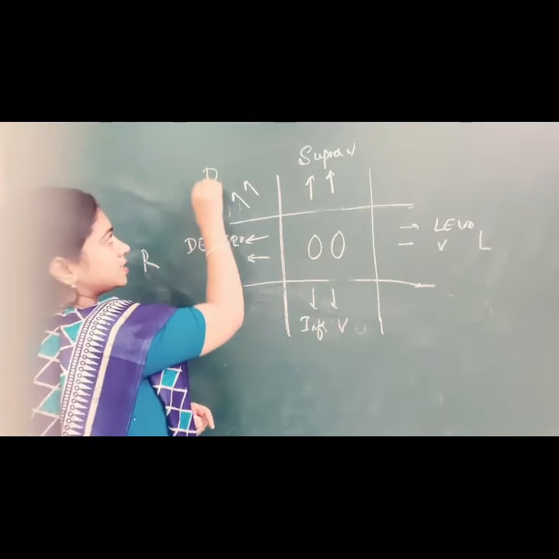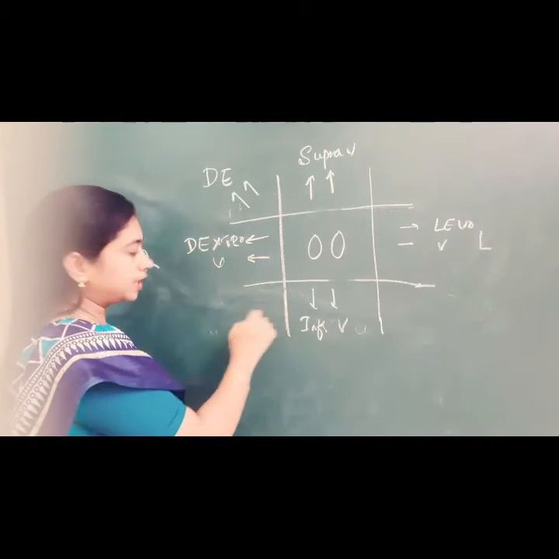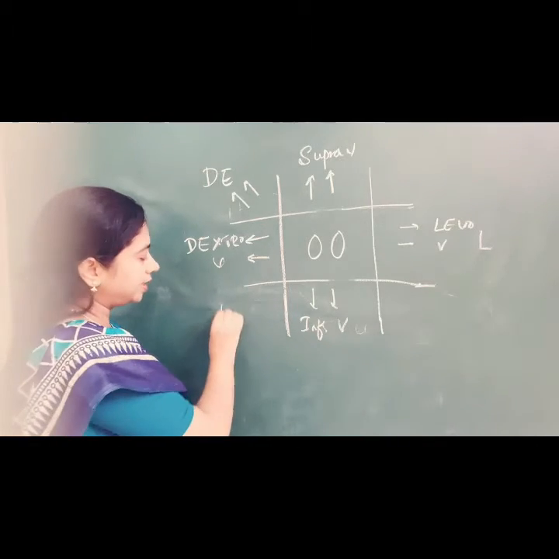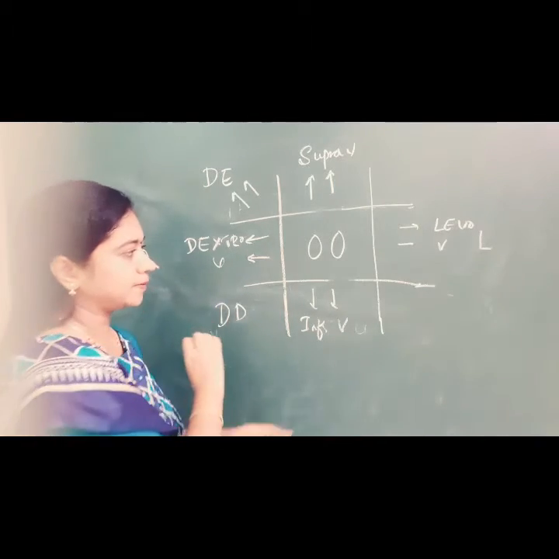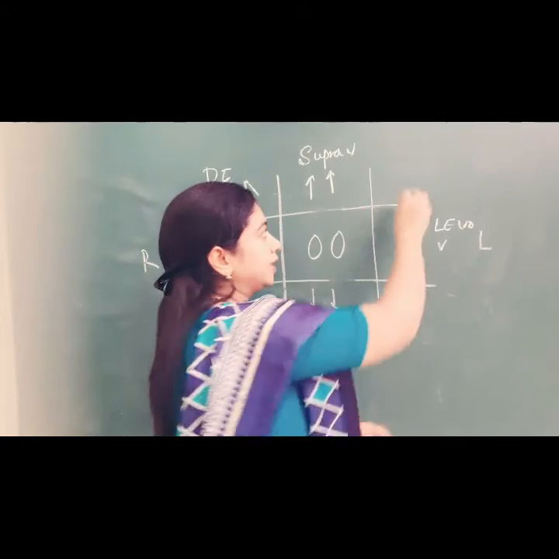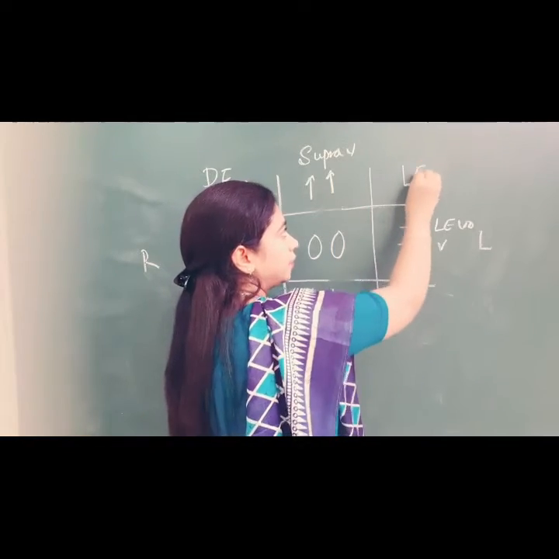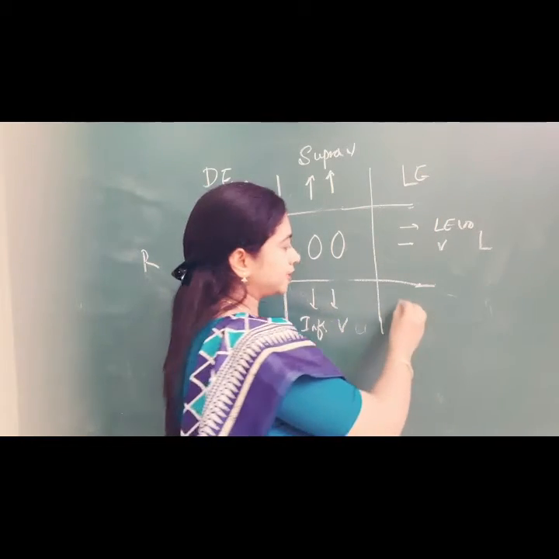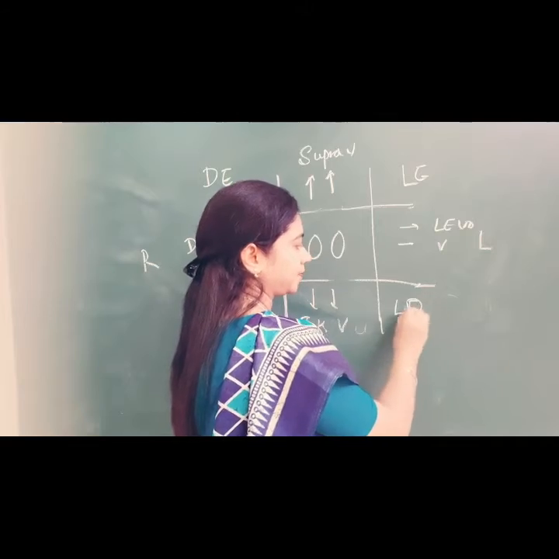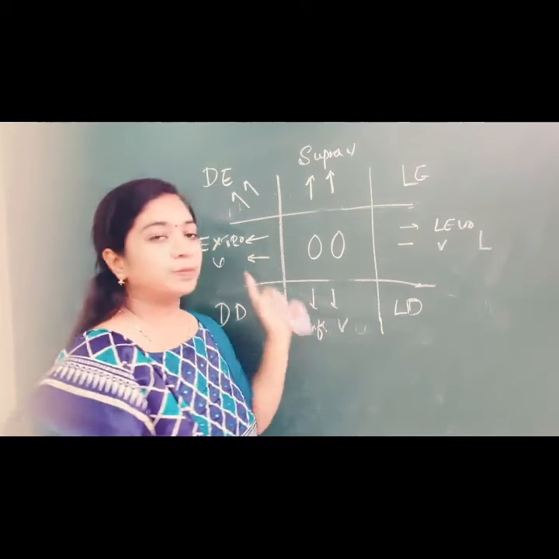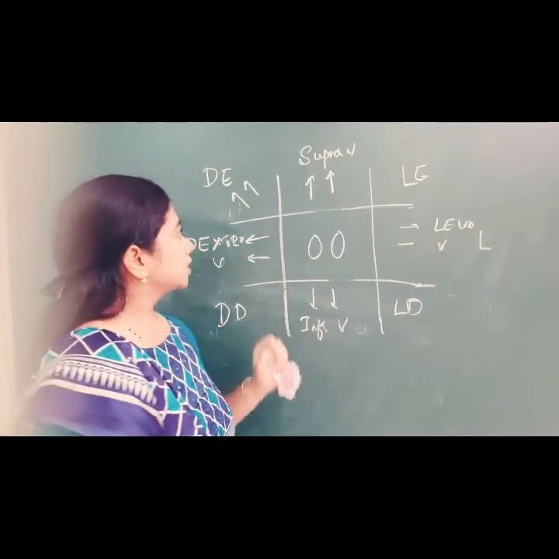So that is called as dextro elevation. Similarly, depression and towards the right, it is called as dextro depression. Similarly, on the left side, elevation, it is called as levo elevation. Depression on the left side is called as levo depression. Okay, so these are the version movements.